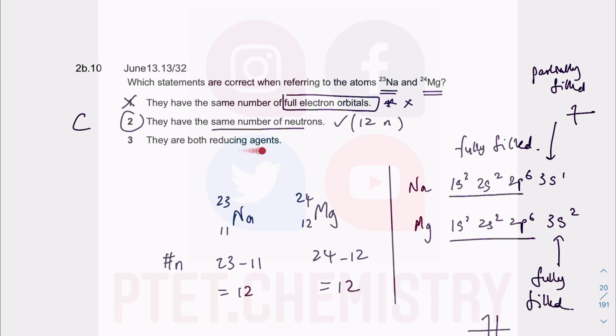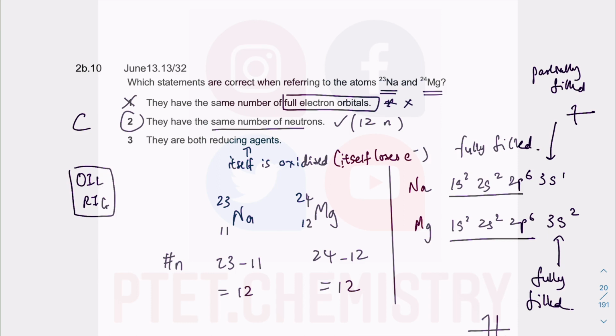But of course you can think about reducing agent, which you would have done in O-level chemistry or GCSE or IGCSE chemistry. A reducing agent reduces other substances. Itself is oxidized. We did this mnemonic, well, at least when I learned it, we did this mnemonic. Oxidation involves loss of electrons, so itself loses electrons.